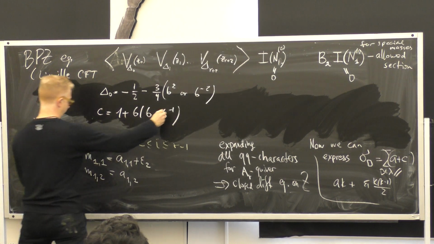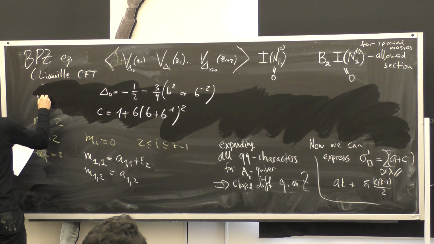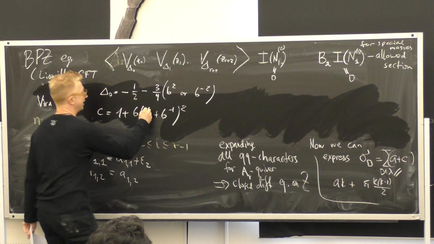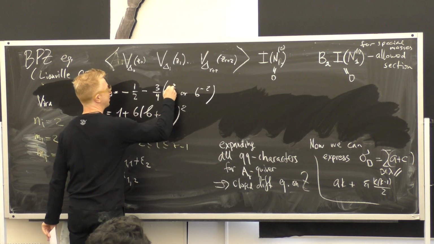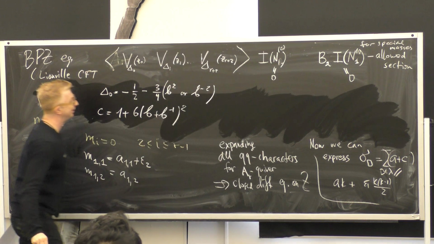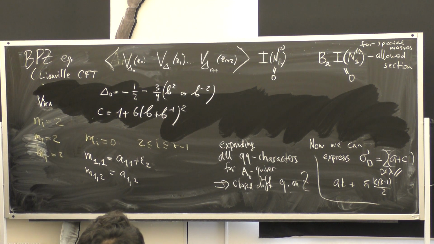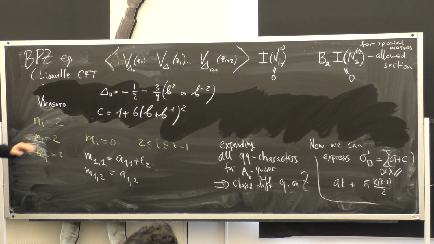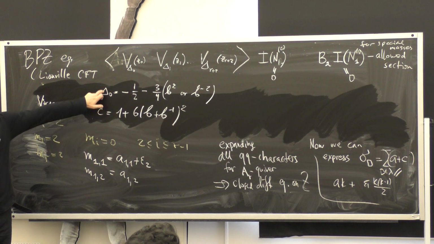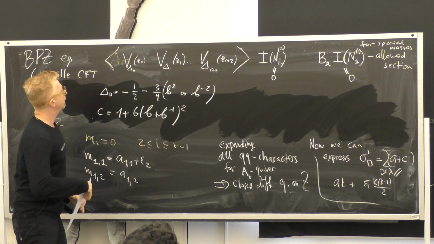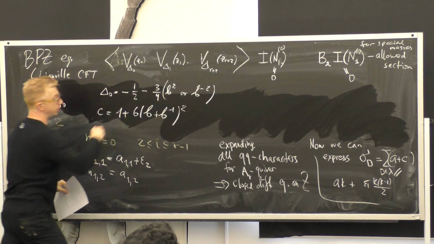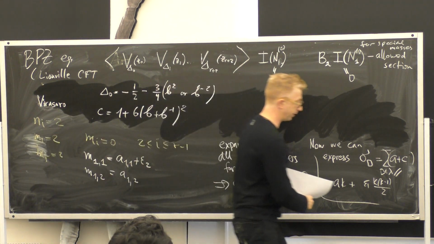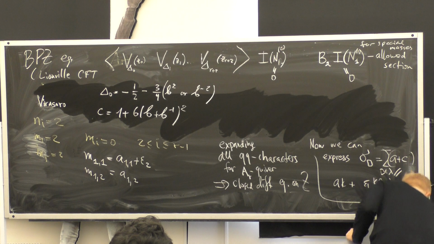So this is Virasoro central charge c, and delta is the highest weight. Once this condition is obeyed, you get a relation. That relation was derived by Belavin, Polyakov, and Zamolodchikov.